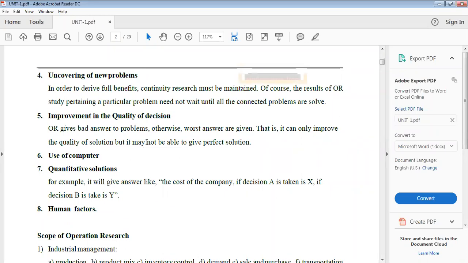Improvement in the quality of the decision. O.R. gives bad answers to problems, otherwise worse answers are given. That is, it can only improve the quality of the solution, but you may not be able to give a perfect solution. Sometimes you may not arrive at a good solution, or an appropriate solution.